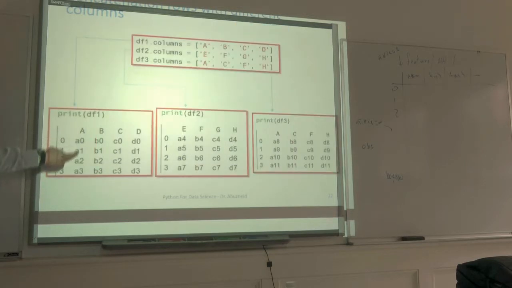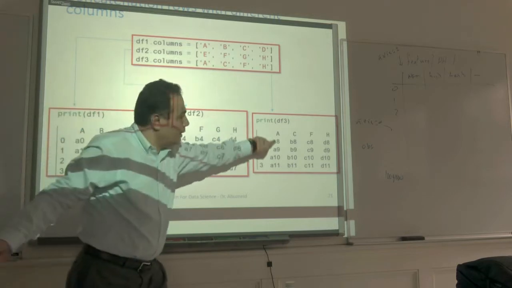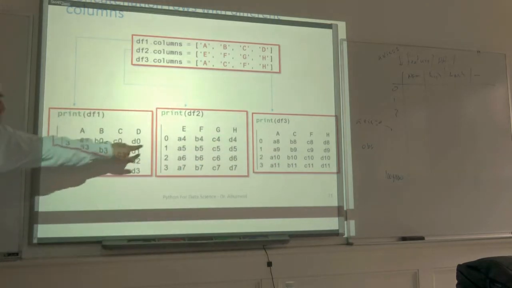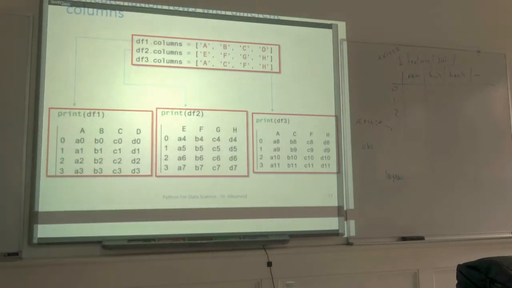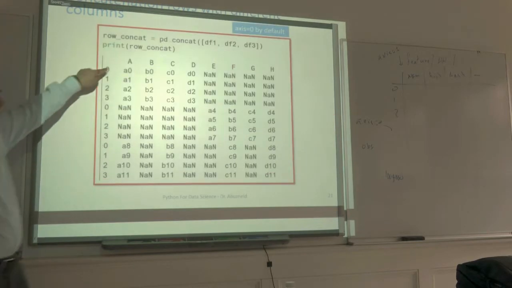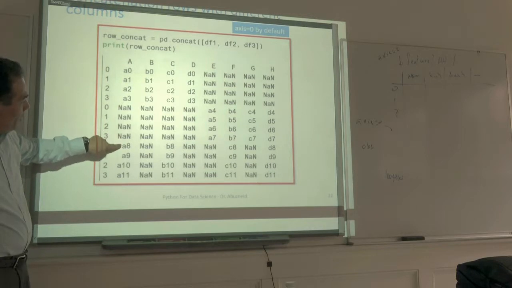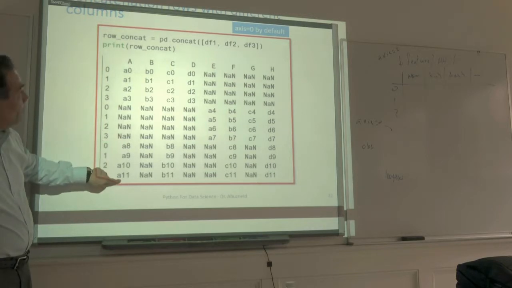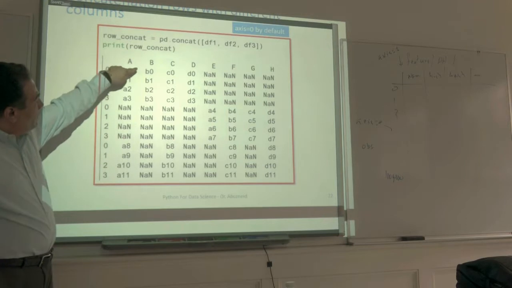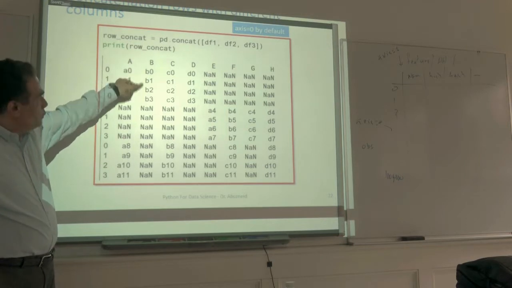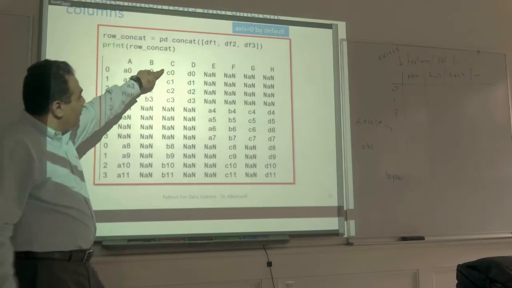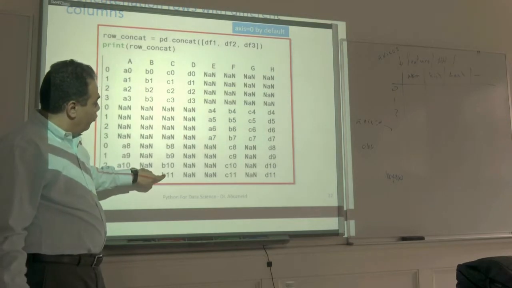In 2. Here and in here, right? But the second one, is it available? No. So look at the A: from the first data frame, no values from the second data frame, from the third data frame. B is available only in the first. C is available in the first and in the third.